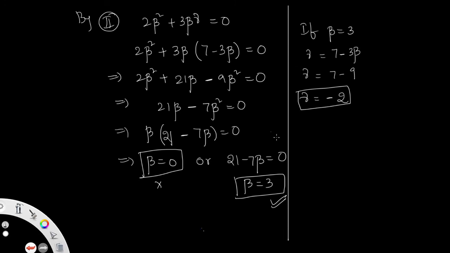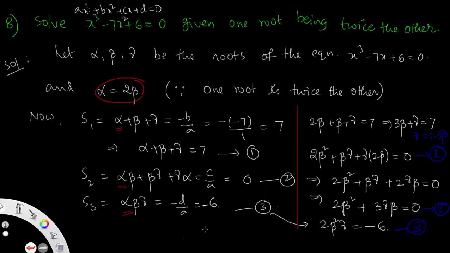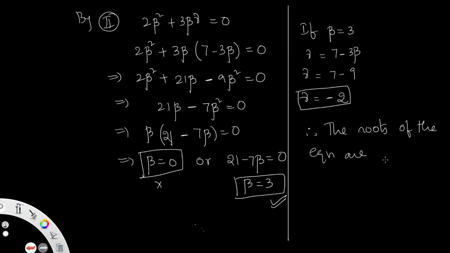Therefore the roots of the given equation are: alpha we also have to find. Alpha is nothing but 2 beta. Therefore alpha equal to 6, one of the roots.